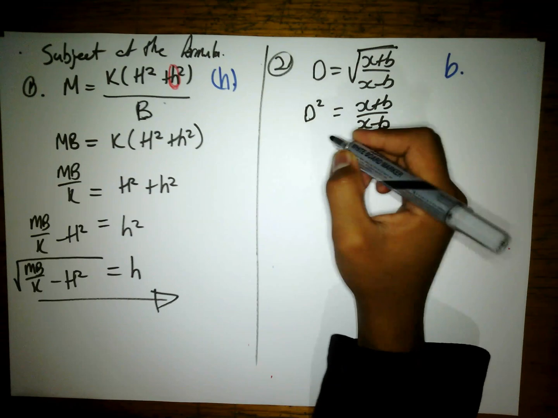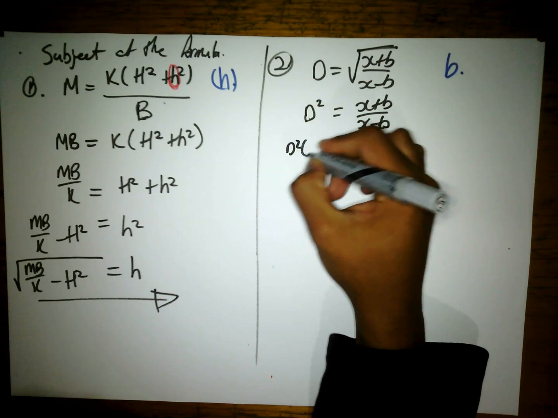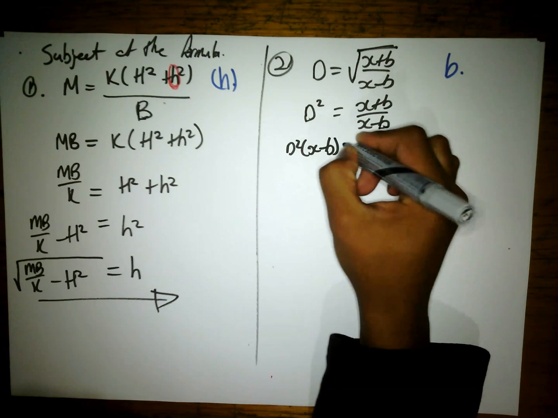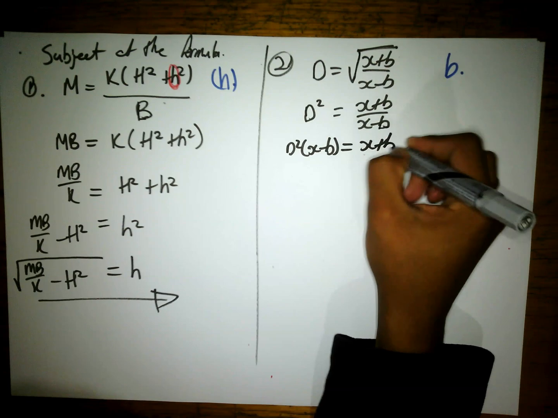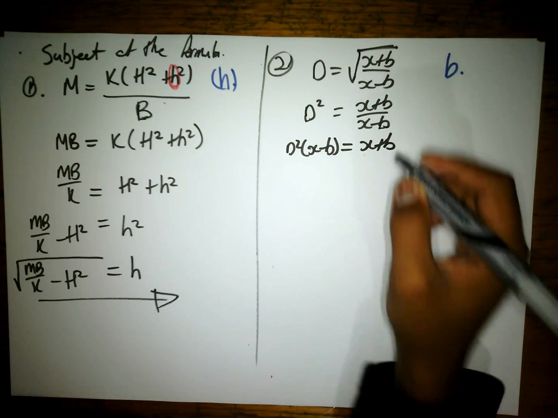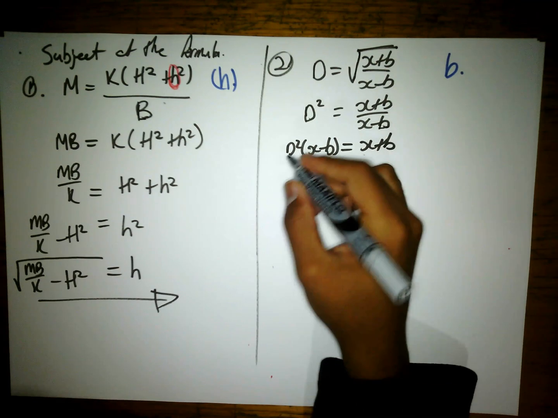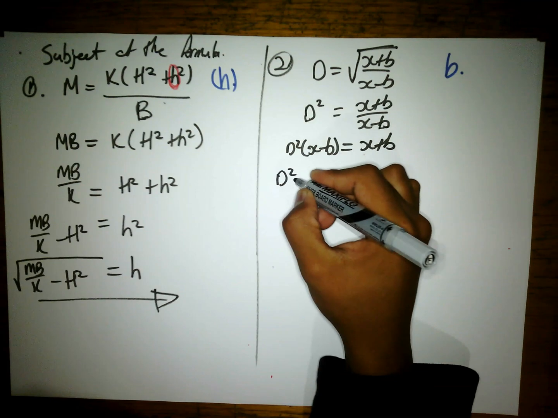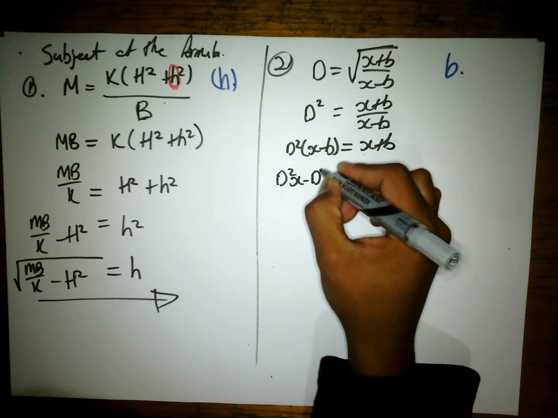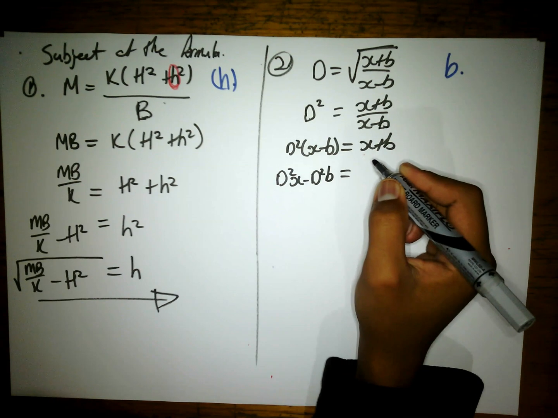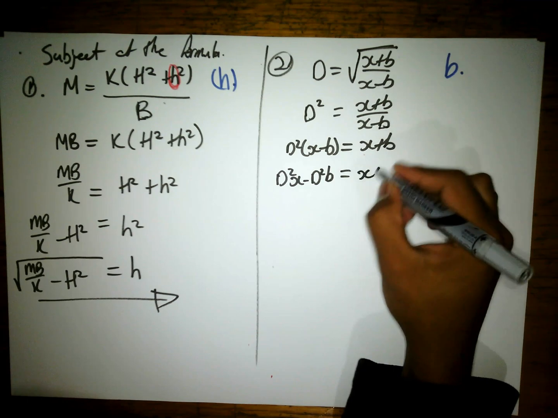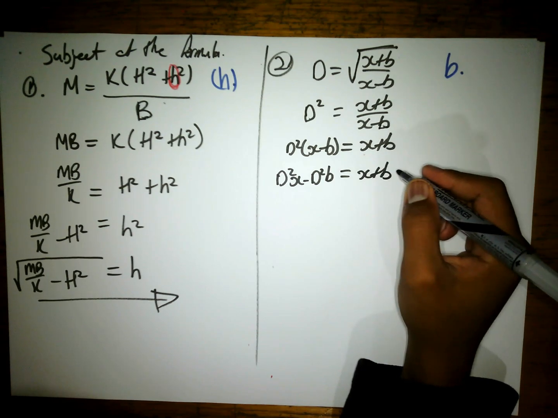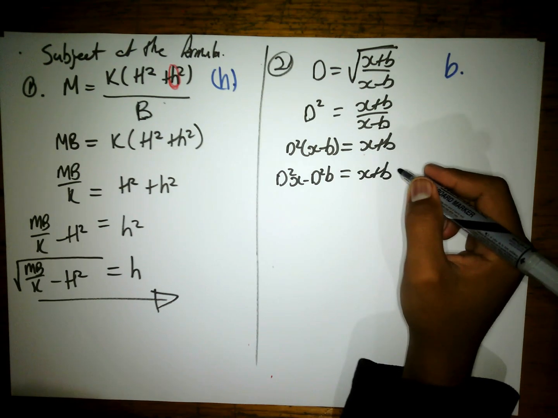So we're going to have d squared times x minus b equals x plus b. Then we multiply in here: d squared x minus d squared b equals x plus b.